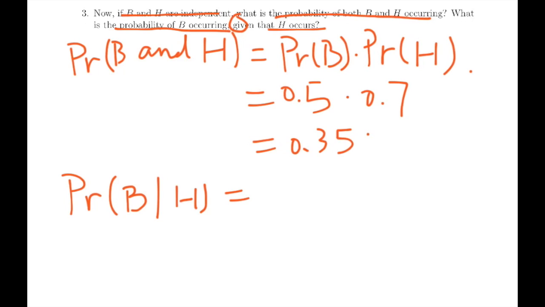But because B and H are independent in this setting, we know that P(B given H) is equal to P(B). So we know that P(B given H) is equal to 0.5.